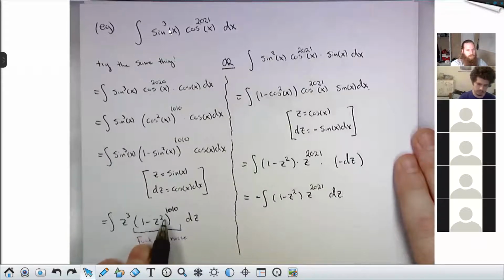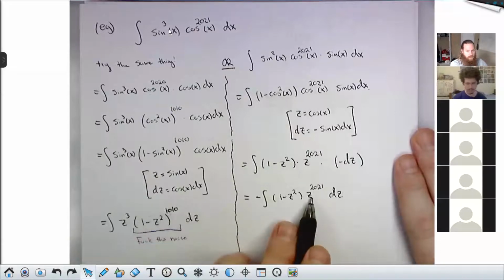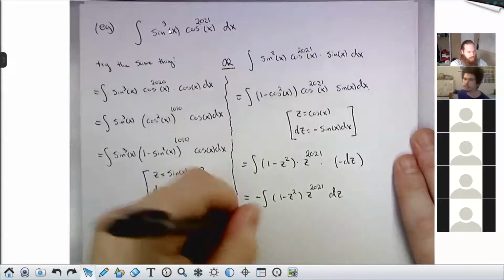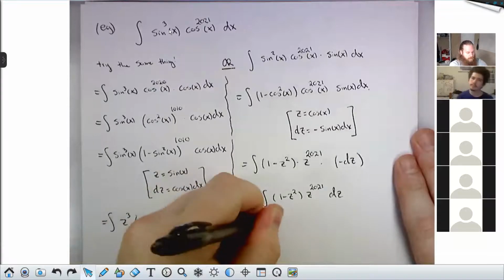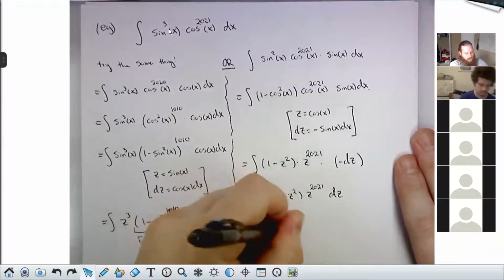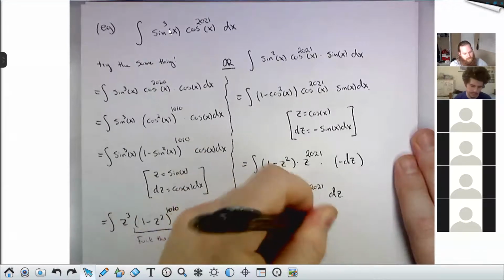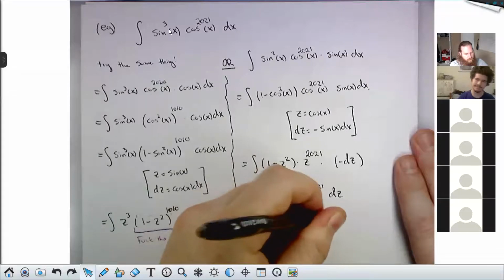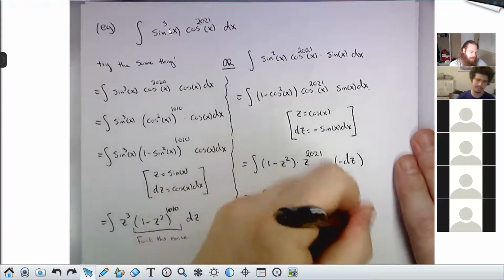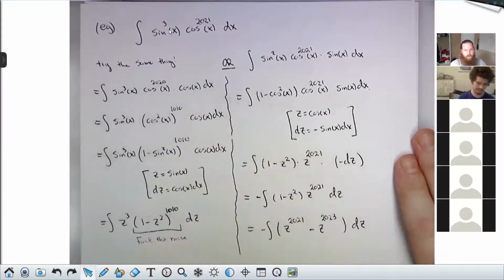Here, I have to FOIL out 1 minus z squared to the 1010. That's awful. Here, I just have to distribute this across these terms. So I get negative integral z to the 2021 minus z to the 2023 dz. And now we're ready to integrate.